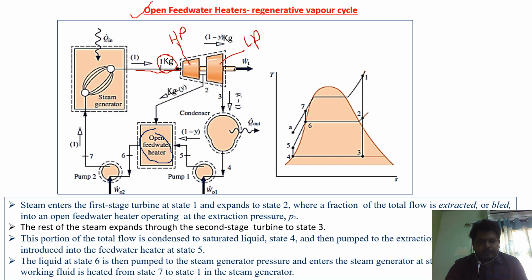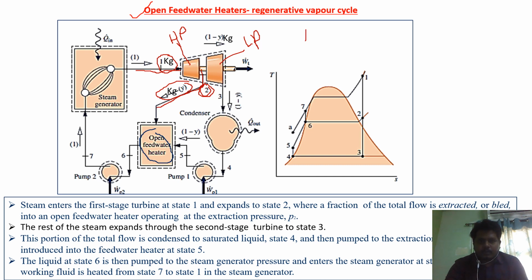After expanding through the high pressure turbine, at point 2, at the exit of the high pressure turbine, some fraction of the steam is extracted, that mass is Y kg. Again I am repeating, at the exit of the high pressure turbine at state 2, Y kg of steam is extracted from the turbine.